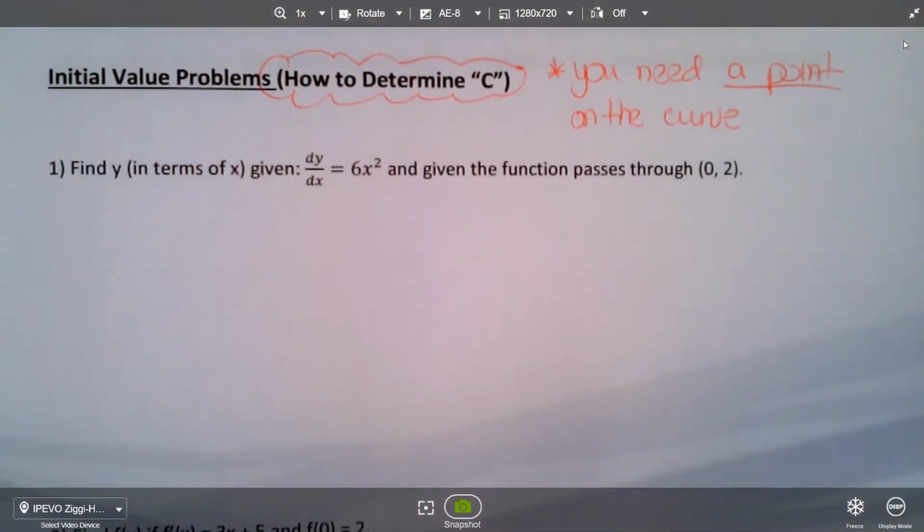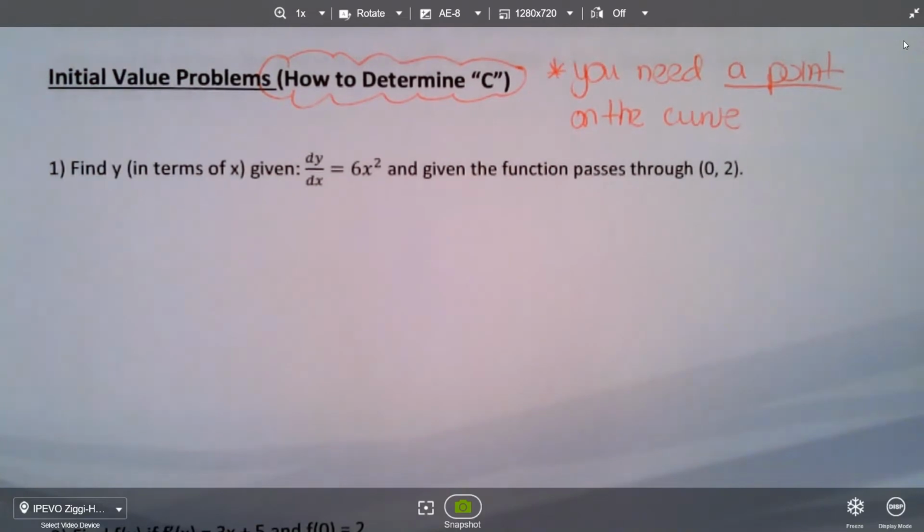As long as you have a single point to tell you, here's what the curve looks like, I just don't know where it would be, up this much, down this much. But if you have a single point on the curve, then you can lock it down. You can lock in where it would be. So that's really all that this extension is about for now.